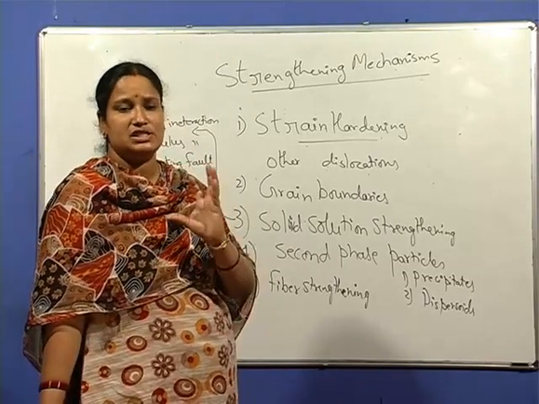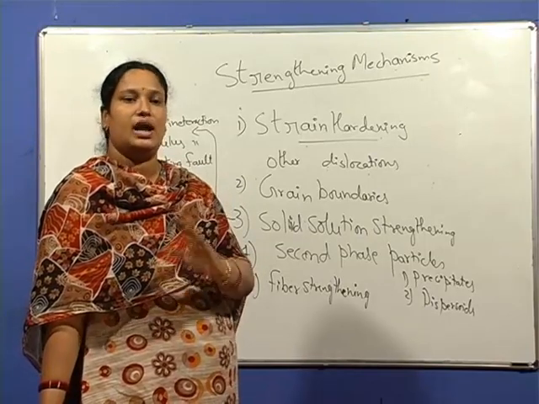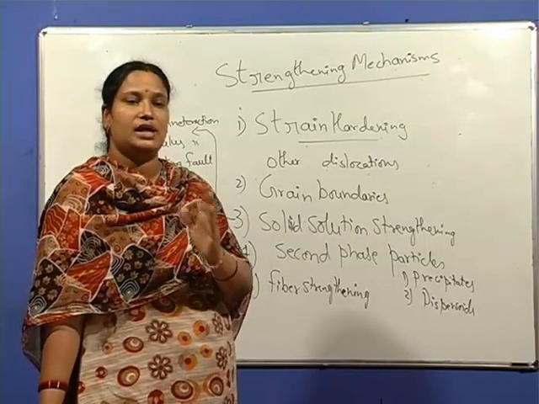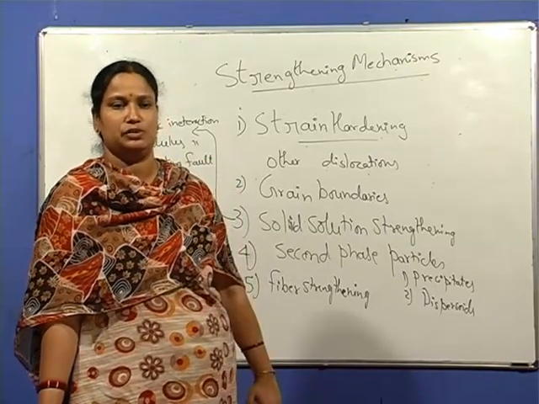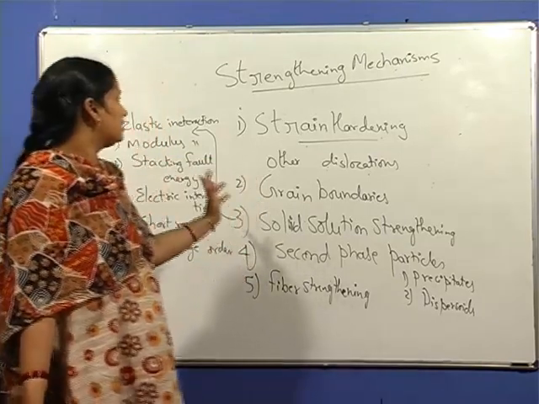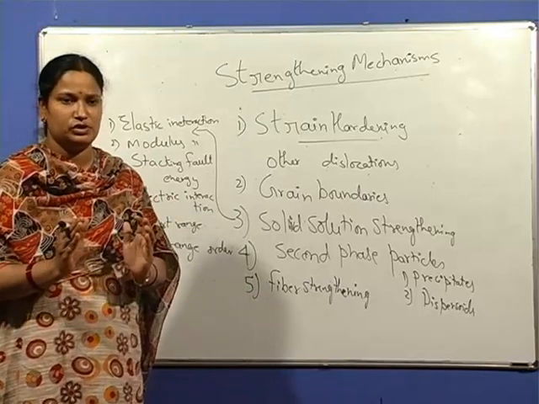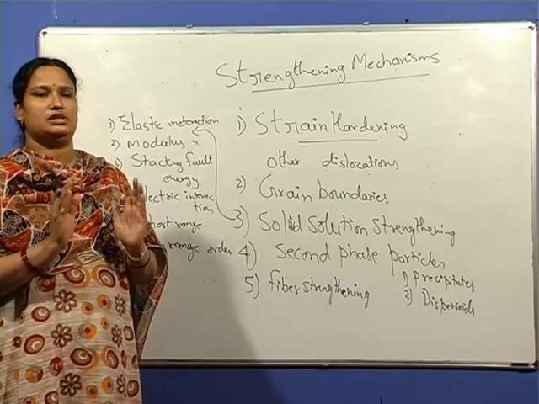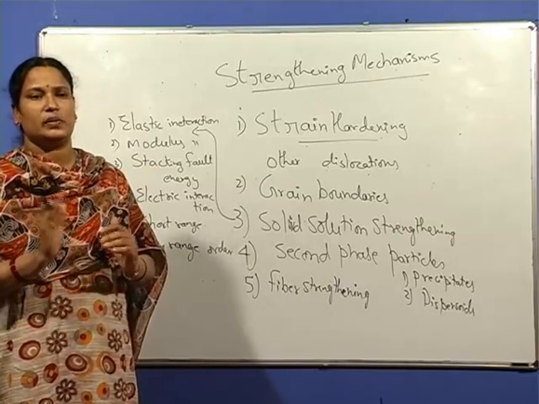The elastic stress field depends upon the misfit of the solute. The larger the misfit of the solute, the larger the hindrance to the dislocation motion. That is elastic interaction, mainly because of the misfit of the solute. The stress fields which surround the solute elements cause hindrance to the dislocation motion.